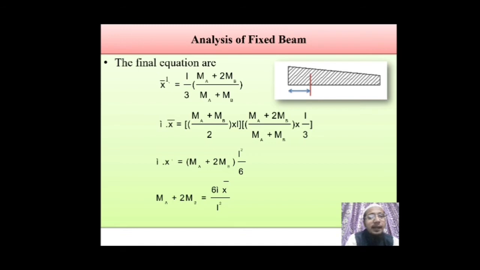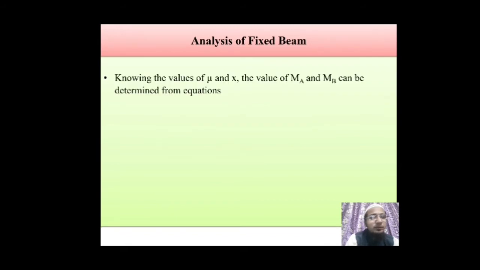Now, taking Mu times x bar, again x bar equals x bar dash, and we have obtained the value of Mu as (MA plus MB) by 2 whole into L, that is, the area of the Mu dash diagram. Multiply by x bar, putting the above value L by 3 into (MA plus twice of MB) divided by (MA plus MB). Now, by rearranging and solving, we will get MA plus twice of MB equals 6 times Mu into x bar divided by L square. Let it be equation 2.